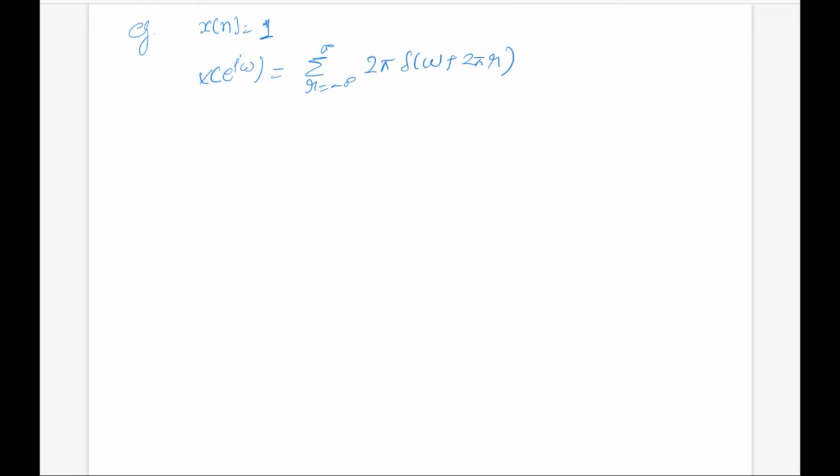Okay, so it is possible and useful to define the Fourier transform of x[n] to be a periodic impulse train. Here we can see that this is a continuous variable. We all know the Fourier transform of a discrete-time signal is a continuous function, and this is just a series of impulses in a continuous variable.